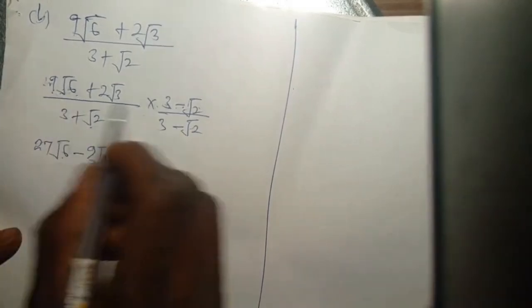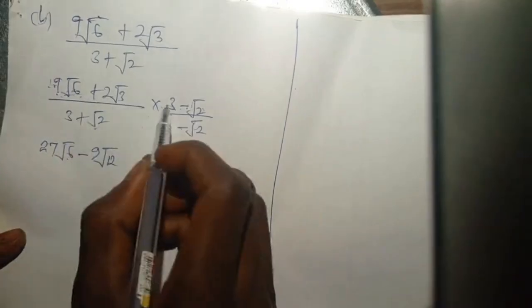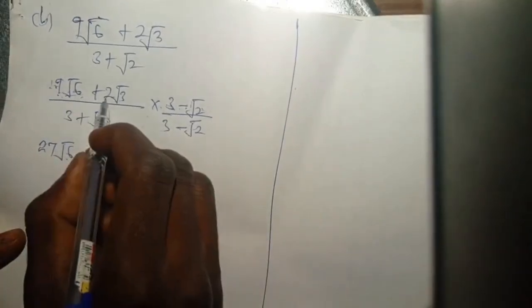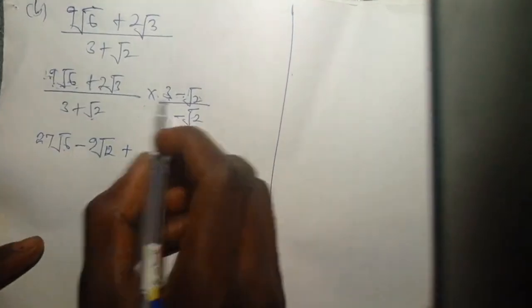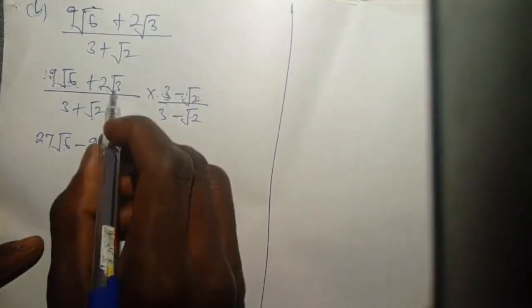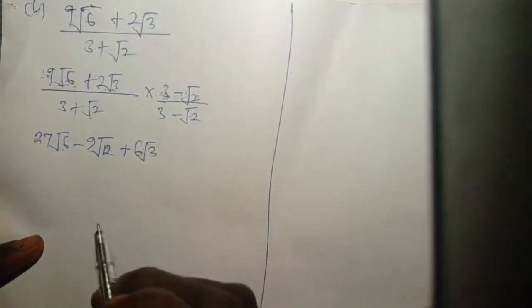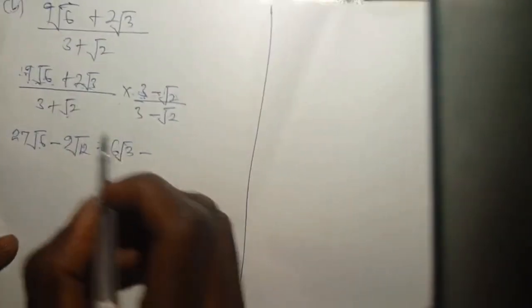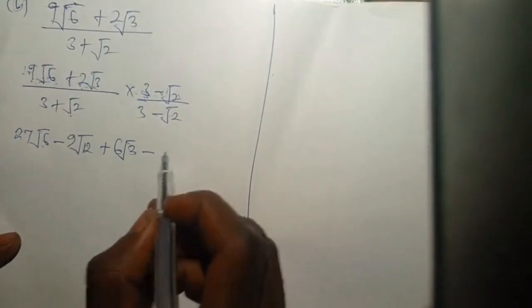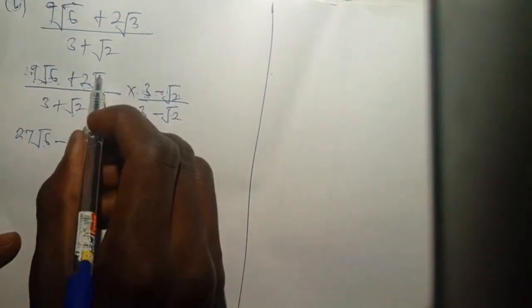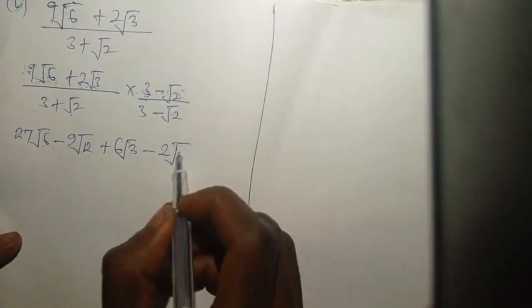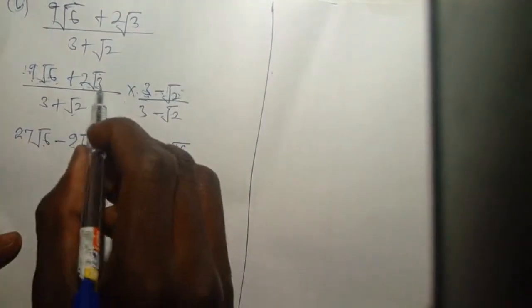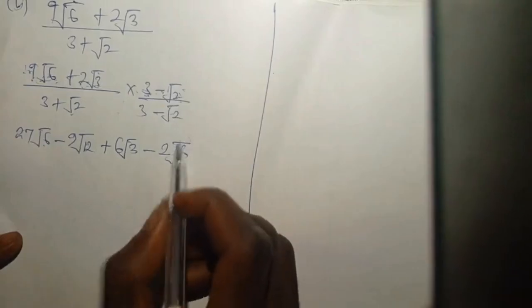Then you're done with this and this. Then plus times plus is plus 2 times 3. Since they are both integers, 2 times 3 is 6, root 3. And plus times minus is going to give us minus. Then this is 2, and root 3 times root 2 is root 6, 2 times 3 or 3 times 2 gives us 6 inside the root. I'm done with this numerator.